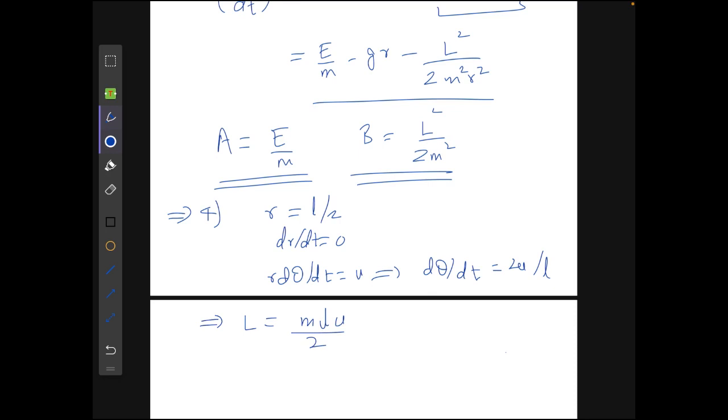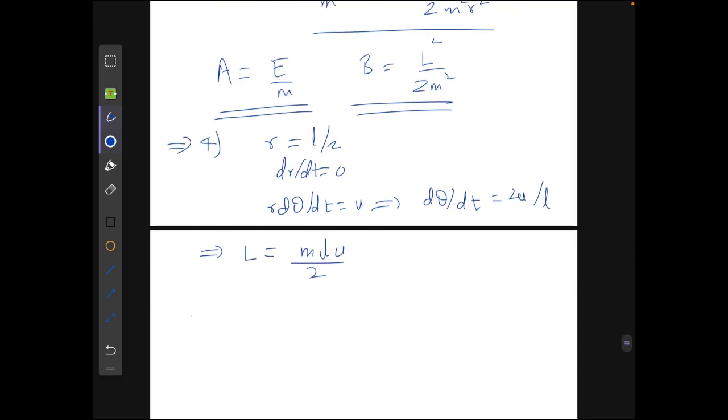So the constants we found in part 3 come out to be a equals u squared by 2 plus gL by 2, and b equals L squared u squared over 8. You just have to put the initial condition values in the above equations, and you will get these.